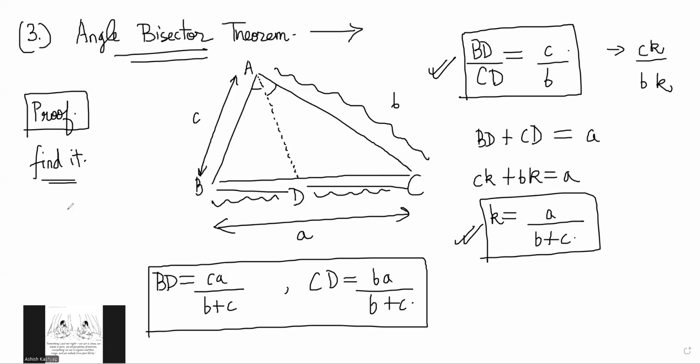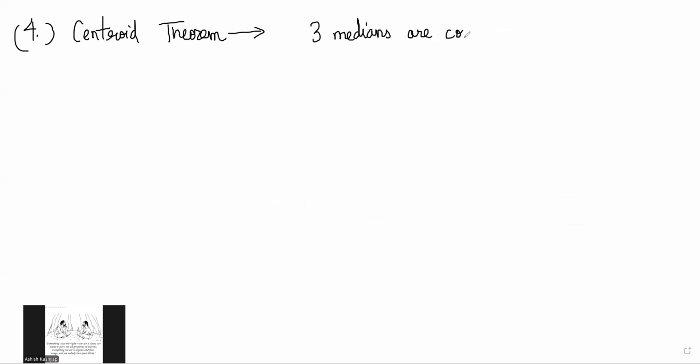The next one is the centroid theorem, which is also familiar to most of you, I think. It says that the three medians are concurrent at a point called the centroid.